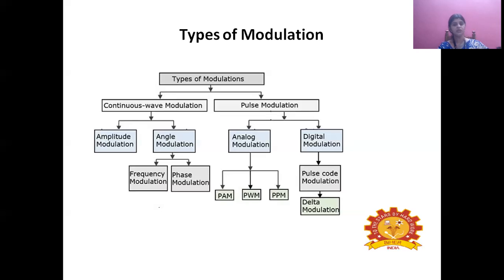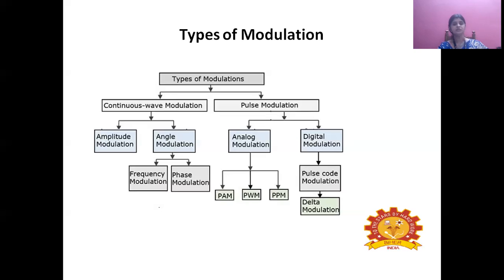In the encoding process, these discrete samples are converted into ones and zeros. So using pulse code modulation, a continuous time signal is converted into ones and zeros. That is a digital signal.